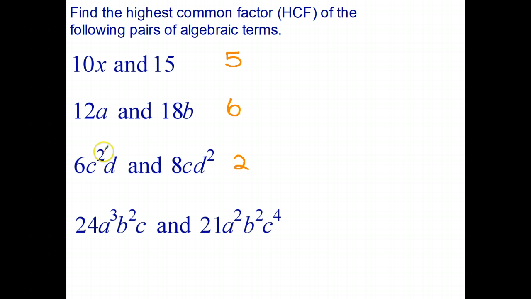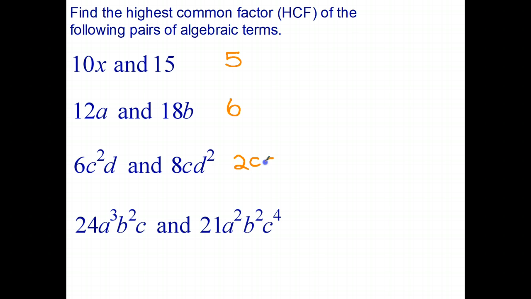Now here we have 2 c's, c times c. Here we have 1c. So 1c is the common factor. You can't say c squared because this expression here doesn't contain a c squared. This contains one factor of d, this expression contains two factors of d.